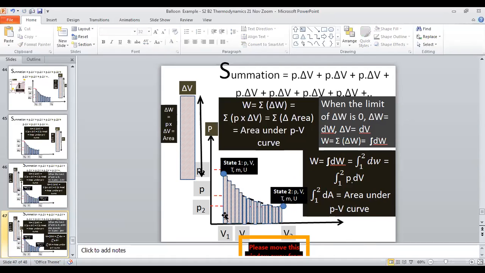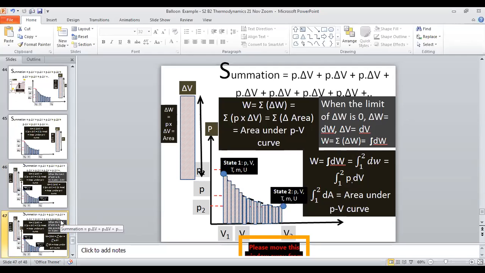That's how it is, the integration. Finally, you can see the sum of all the strips means integration of P times dV. The P dV integration is the work done from 1 to 2. The curve, so the area under the curve as an integration.